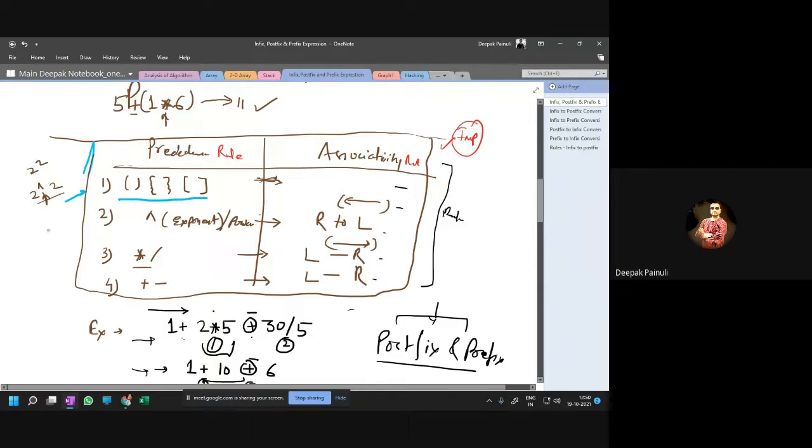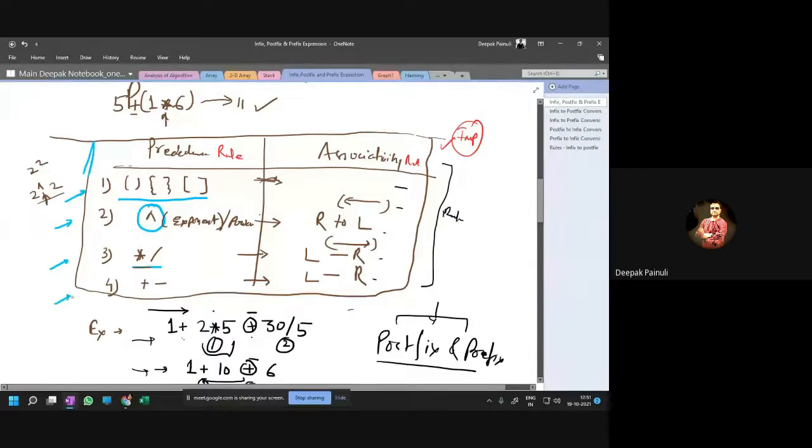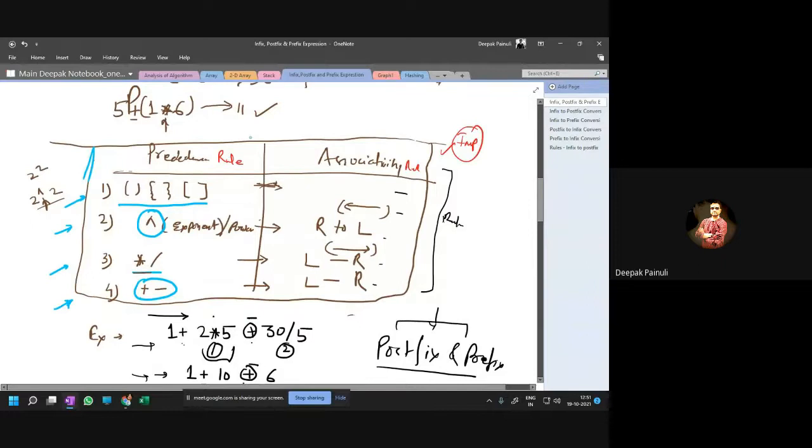The second-highest precedence is for the exponent or raised-to-the-power operator. Third, after the exponent, we have multiplication and division, and at the fourth place, last, we have plus and minus.